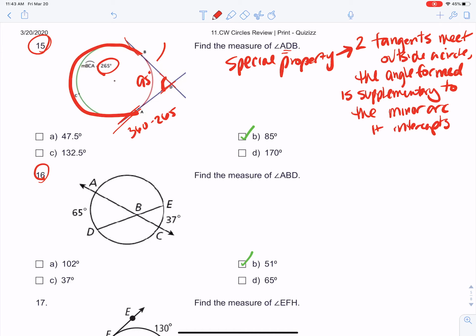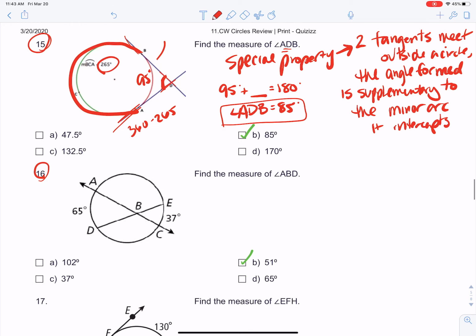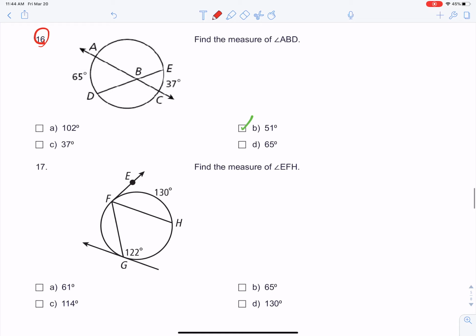Therefore, the 95-degree minor arc plus our angle equals 180 degrees, so our angle ADB is going to be 85 degrees. Okay, letter B.